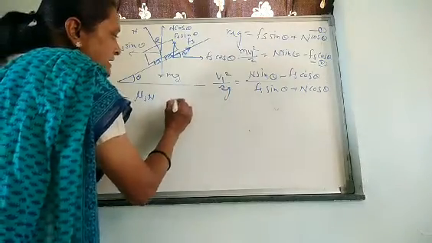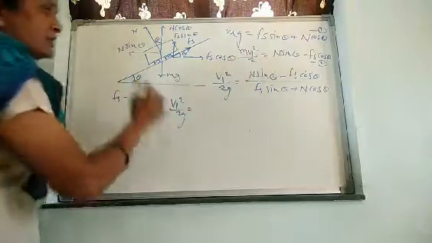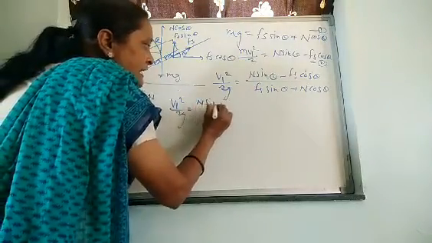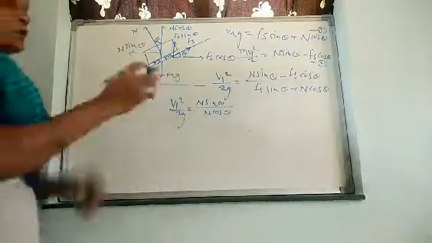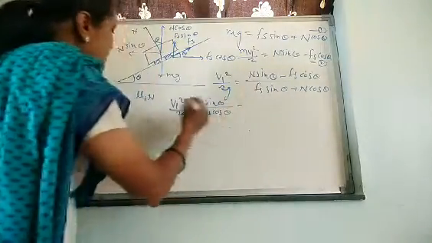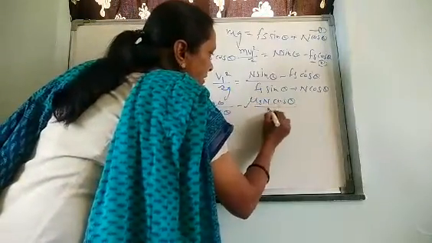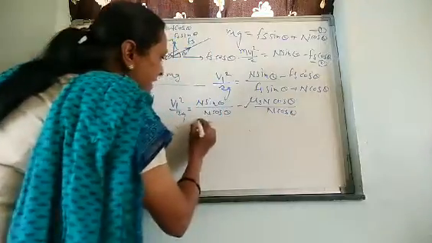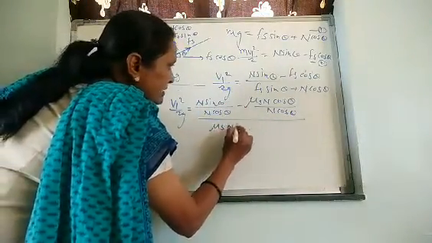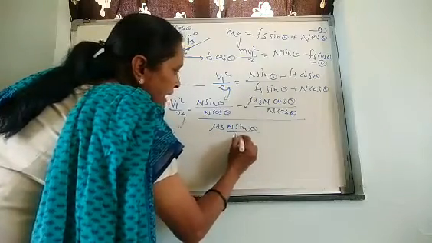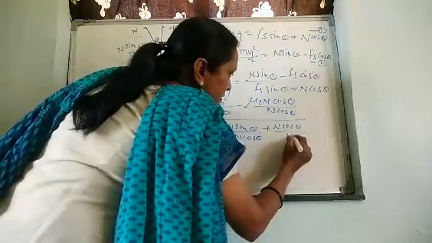Instead of Fs, we write mu s into N, and we divide numerator and denominator by N cos theta.